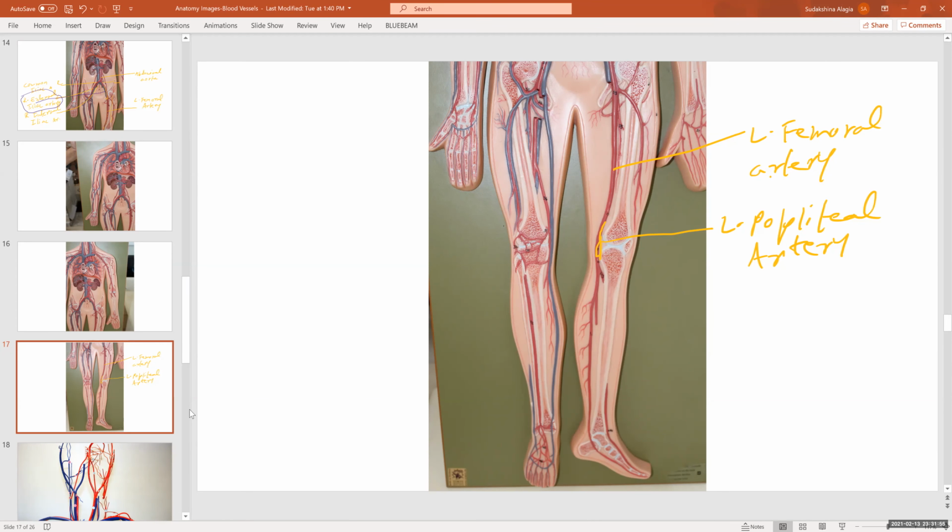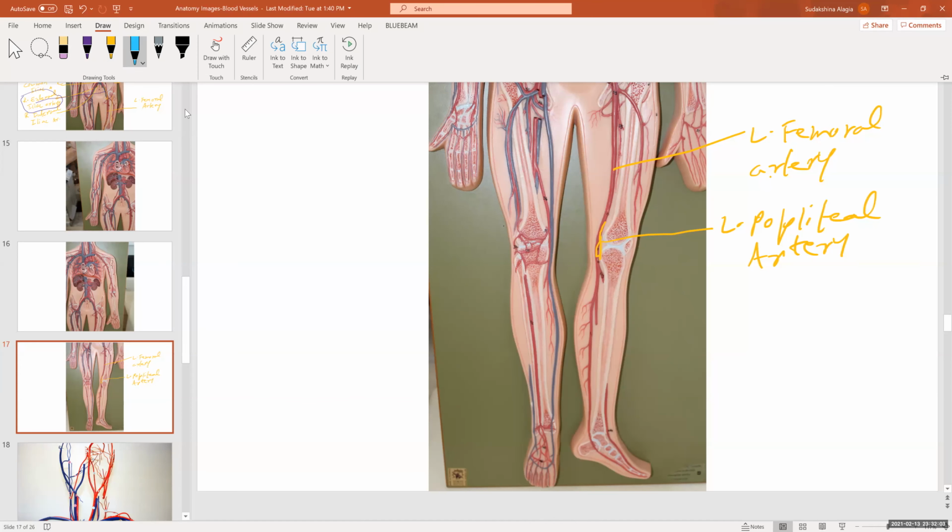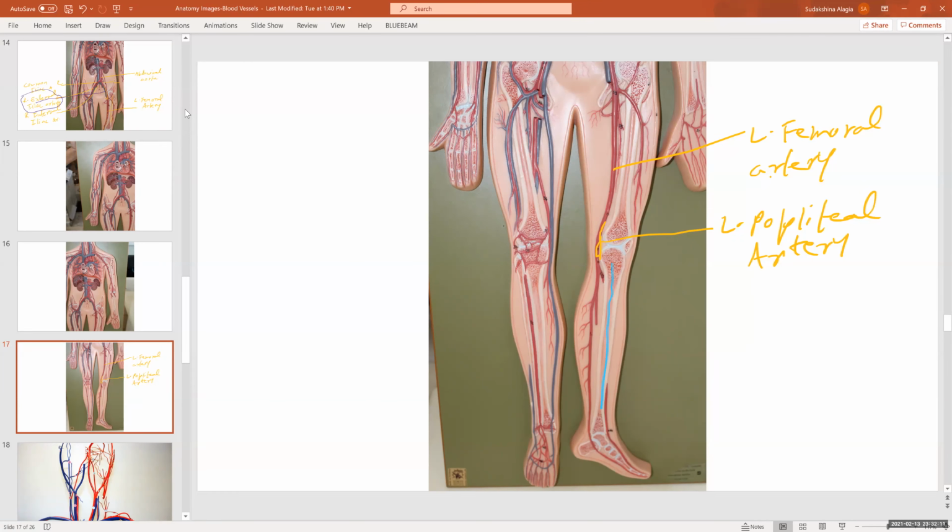Popliteal artery then splits into anterior and posterior tibial and fibular. So notice we are following tibia here. This is tibia. So right here, this very first branching below the popliteal.